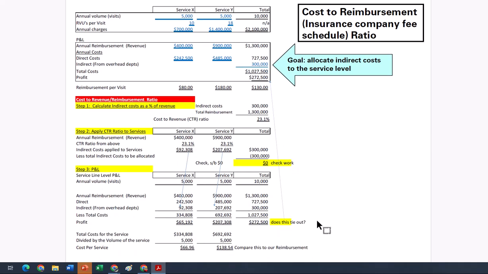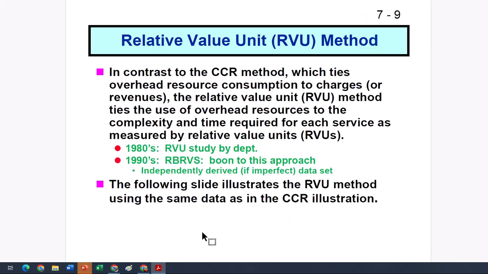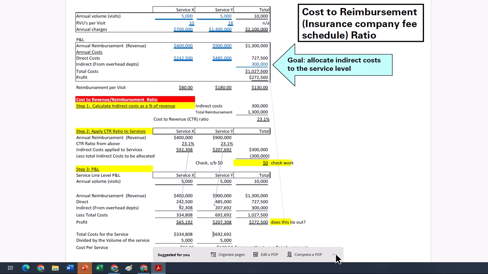Now we want to say what our cost for the service is. We take our cost for the service, and I don't know if that's showing, 348,334,000 and change, 692 and change.